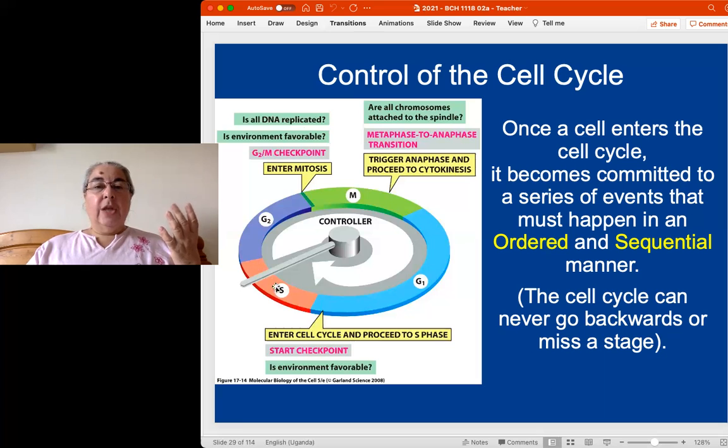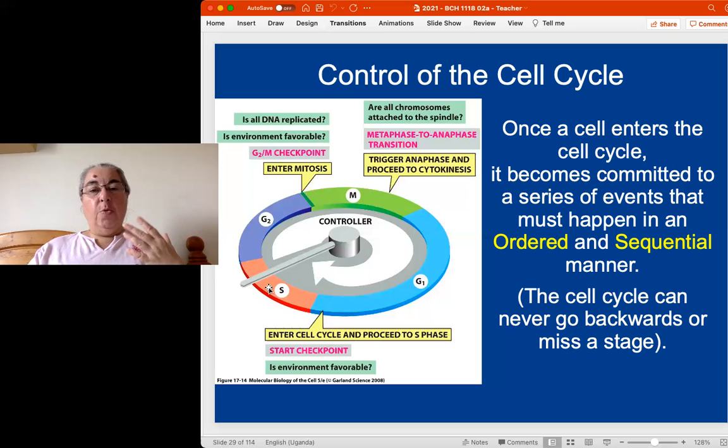Okay, so if something has gone wrong with S phase here and the DNA is not fully replicated, the cell will wait at this point until the DNA replication is finished.